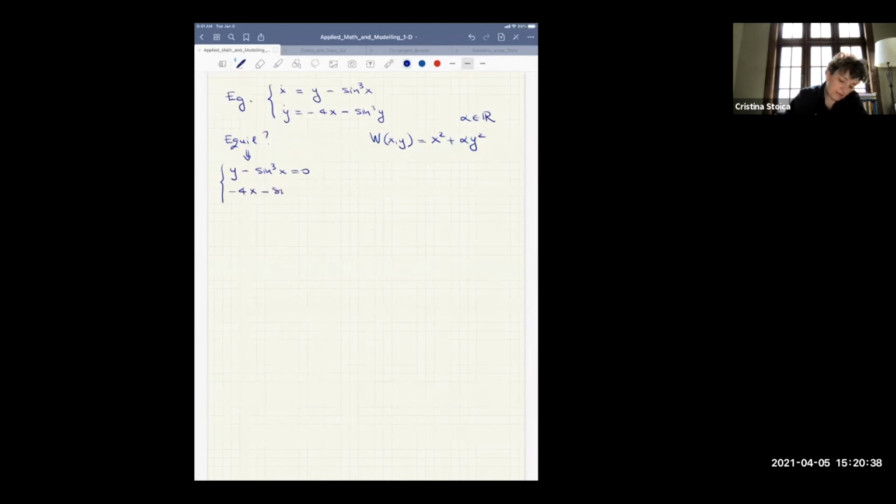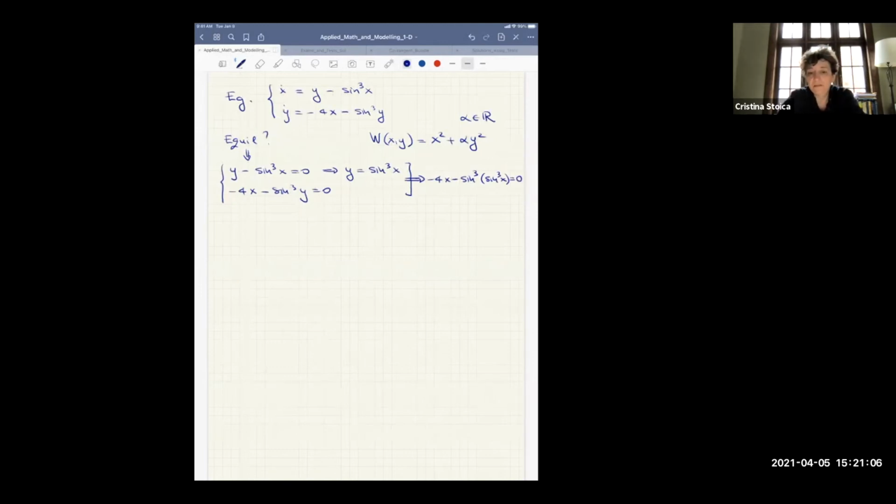What do you do when you cannot solve something by hand? Because here, no matter what I do, let's say I do y is sine of 3x, and it gets weird, and I end up with an equation that is something like minus 4x minus sine of 3 sine of 3x equals 0.